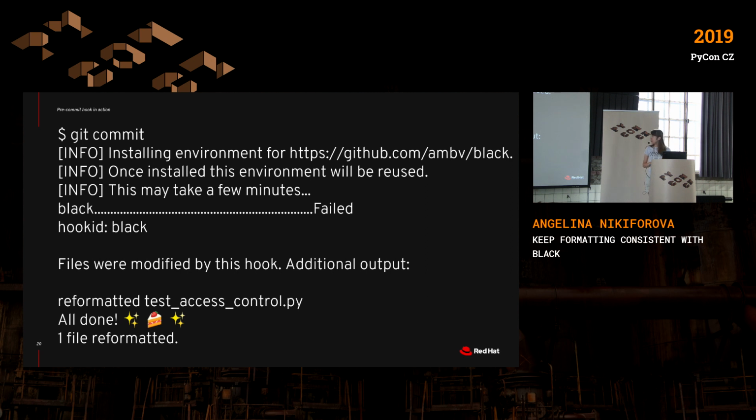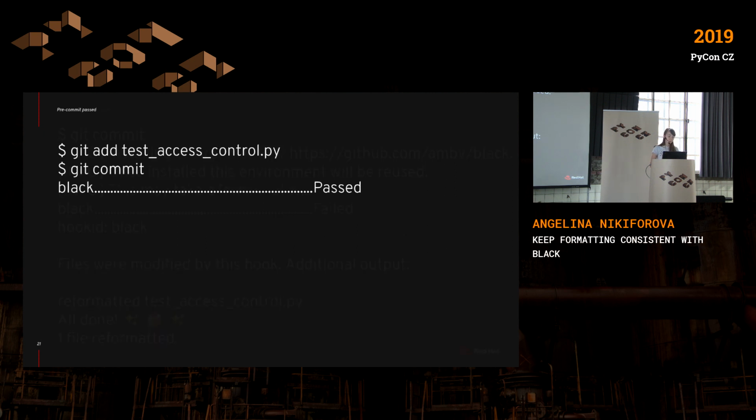So I do git commit, and now I see how pre-commit works. It installs the environment and executes the hook. And the hook failed. It failed because black failed, but as you see below, the file was modified by this hook. So it means black was actually applied. And because the hook failed, the file was not committed.